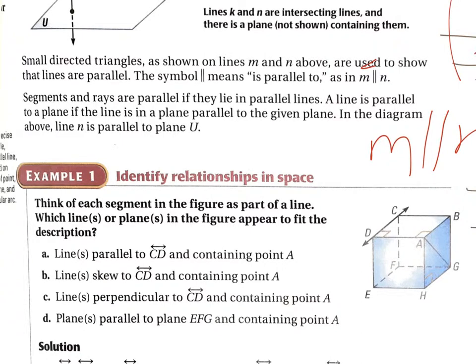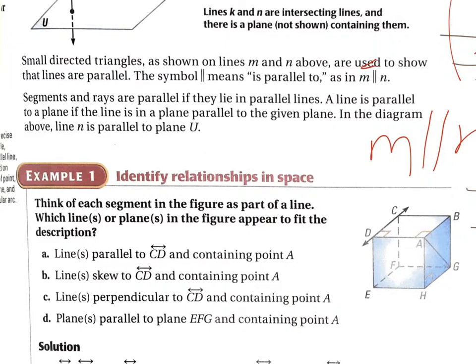Okay, so moving down our page here, we're going to do example 1. The instructions say, think of each segment in the figure as part of a line. Which lines or planes in the figure appear to fit the description?